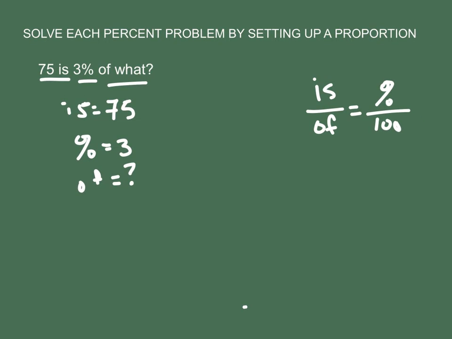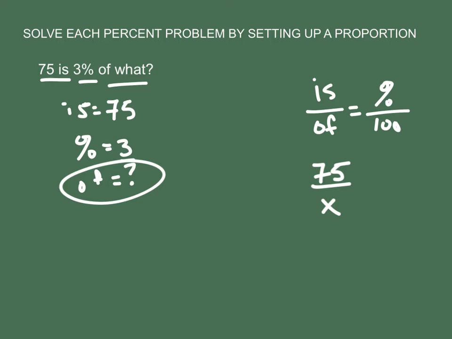If we don't know what something is, I'm going to assign it a variable, because that's what we should do when we're setting up equations. So if is 75, and of we don't know, I'm going to call that x, and that's going to be equal to 3% out of 100.